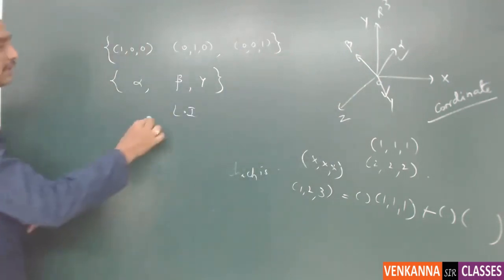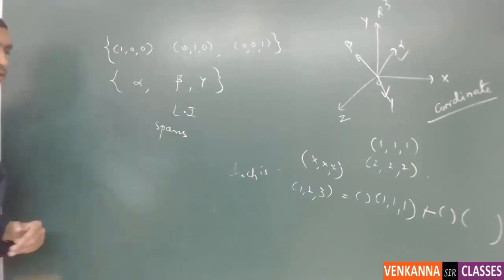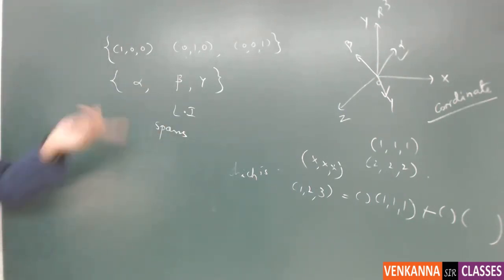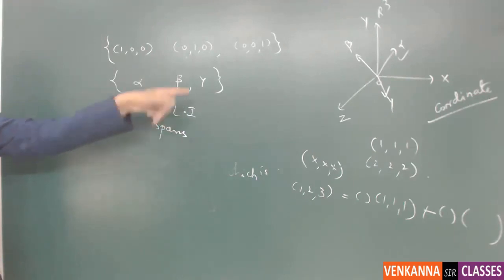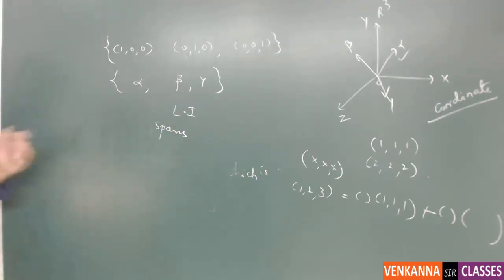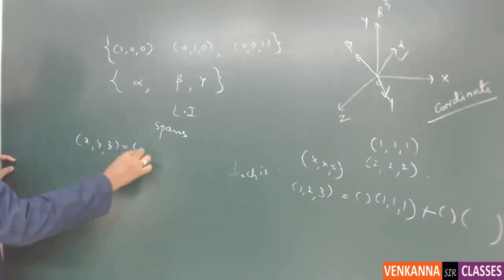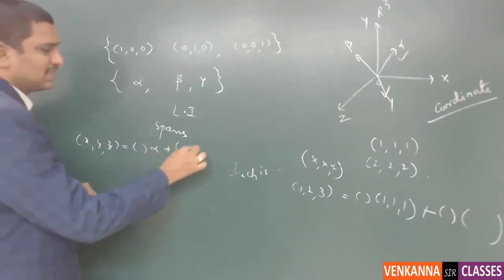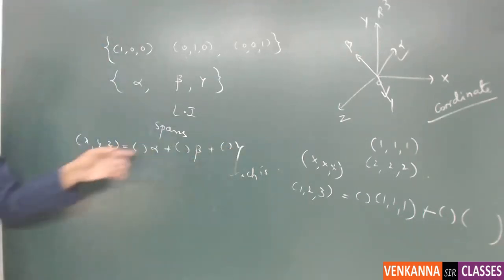The other, it spans. What is meant by spanning? Every vector in the whole R cube must be represented as a linear combination. It means that if you take a vector (x, y, z), you write it as some number times alpha plus some number times beta plus some times gamma. This is the linear combination.